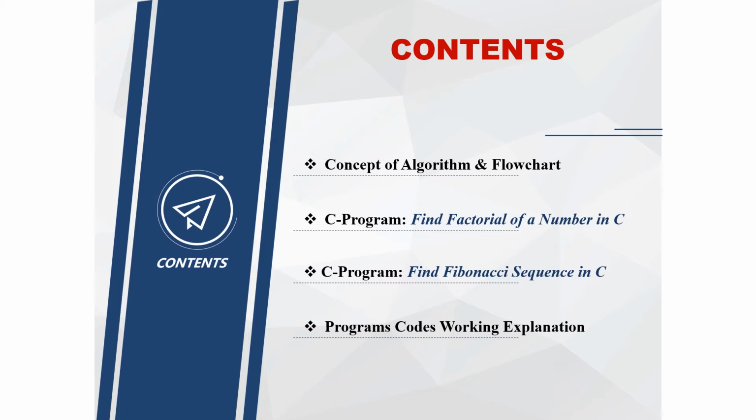So we have two C programs. We will see them one by one in this video lecture, and finally we will also see the source code, that is the program codes, and how it works. That explanation I will give you in this video lecture.